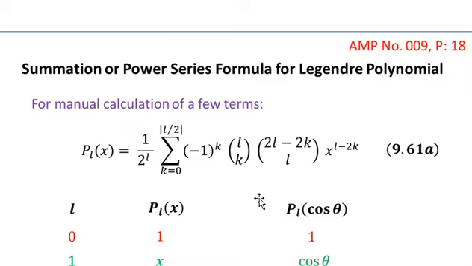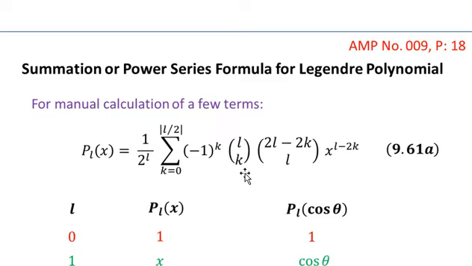So the summation or the power series formula for the Legendre polynomial is also given over here. So PL as a function of x is equal to 1 over 2 raised to power L, and then the summation over the variable k going from k is equal to 0 to the floor of L by 2, and then the summation argument is minus 1 raised to power k.